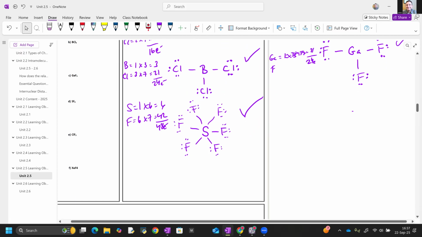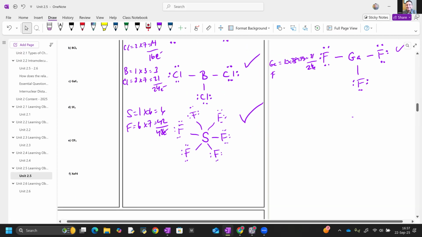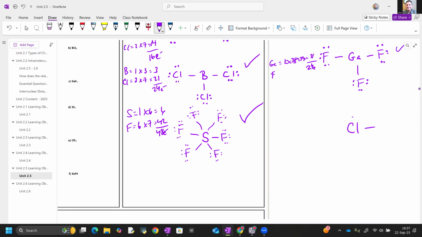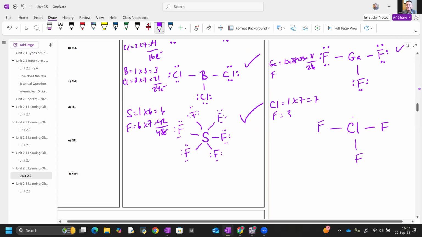Then we look at ClF3. In ClF3, we have chlorine followed by 3 fluorines. So we draw out the structure. We're going to do our count. Cl is 1 times 7, which is 7. Fluorine is 3 times 7, which is 21. And 21 plus 7 is 28 electrons.